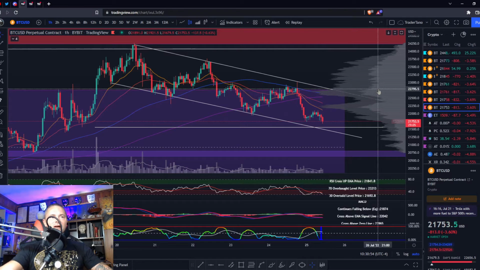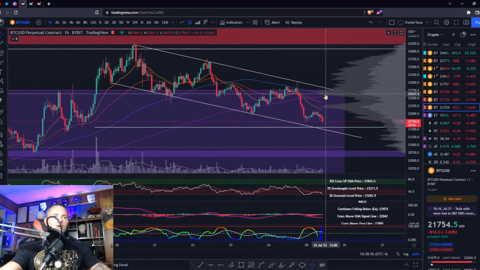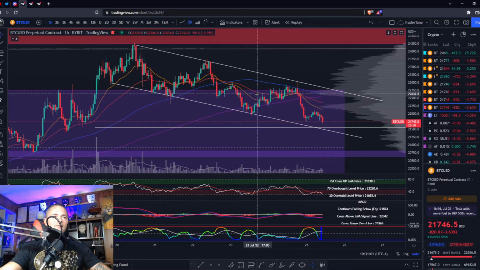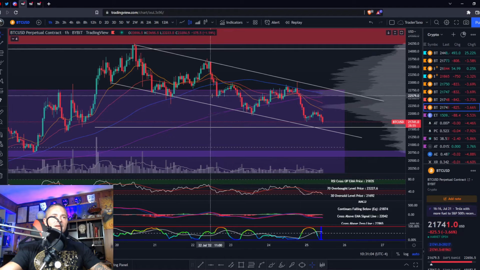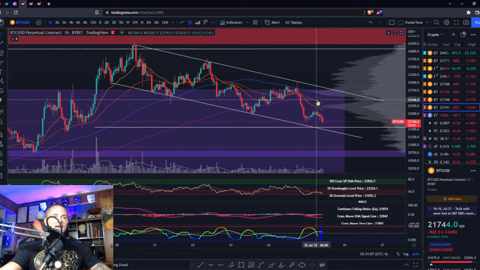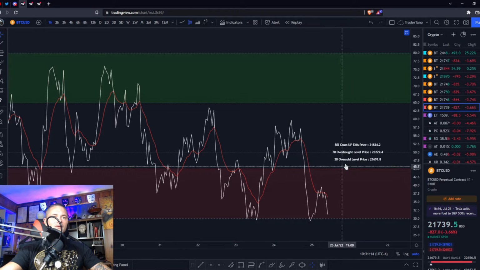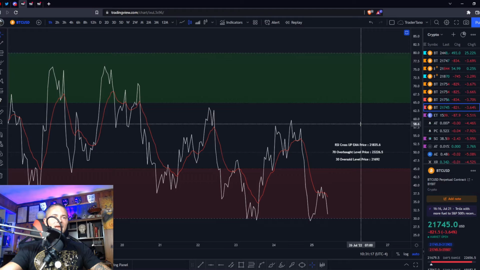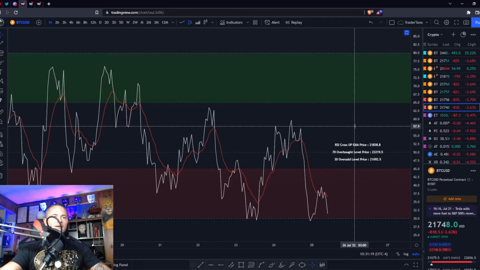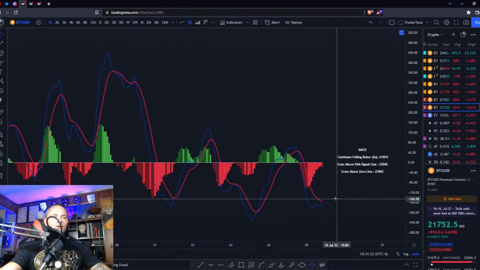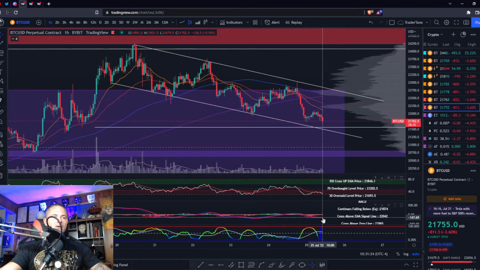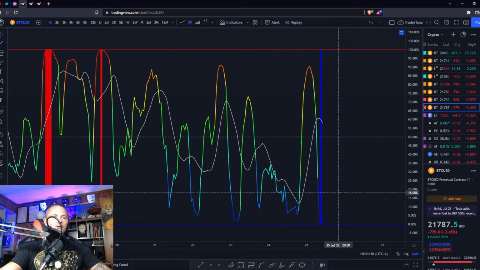VPVR measures horizontal volume, so the amount of volume at a certain price. So as you see, we have a lot of resistance and support at this level. So we'll find out whether we can get back above there. That would also imply, in the bullish case, that we get back above this signal line. So we need to get back above 21,838. And also the MACD would cross the signal line to the upside, start printing a dark green bar on the histogram as your BBWP would turn around.